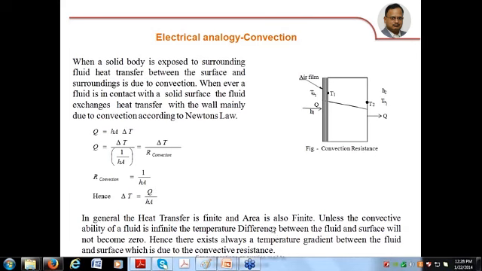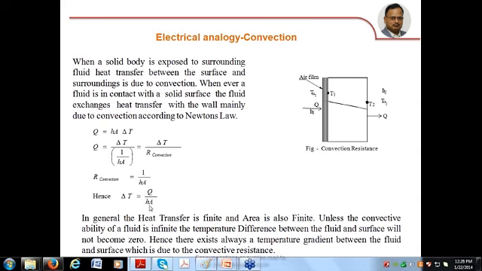Hence, the temperature difference between the fluid and the surface will never become zero. Delta T is zero only when h tends to infinity. Not possible, because this convective heat transfer coefficient is the ability of a fluid to convect heat.